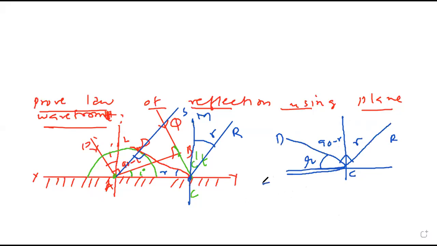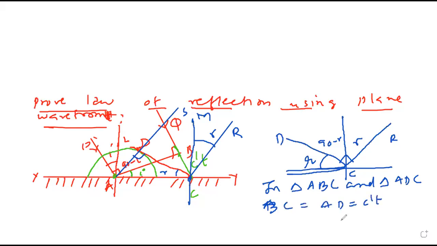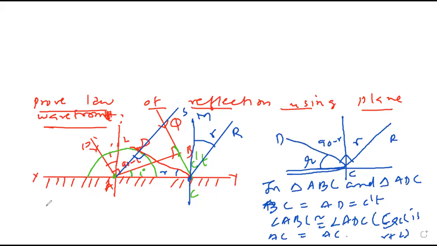Now in triangle ABC and triangle ADC, I can clearly see that BC is same as AD because both are C dash T. Also angle ABC is congruent to angle ADC, each is a right angle, and AC is same as AC because it is the common side.